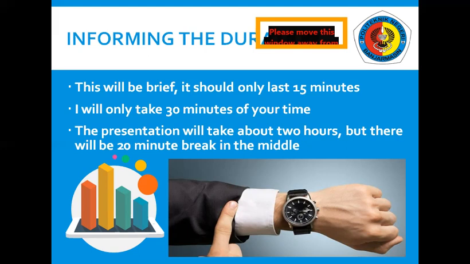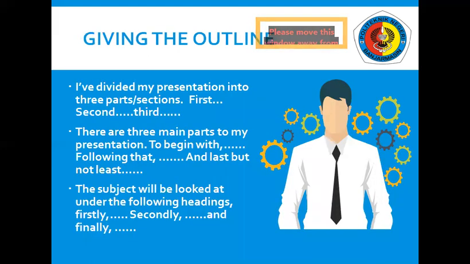Okay, now let's move on to the next part of the beginning of your presentation, which is to give the outline of your presentation. Okay, to give the outline of your presentation, it means you divide your presentations into several parts. And here are some expressions that you can use to give the outline of your presentation. I've divided my presentation into three parts.